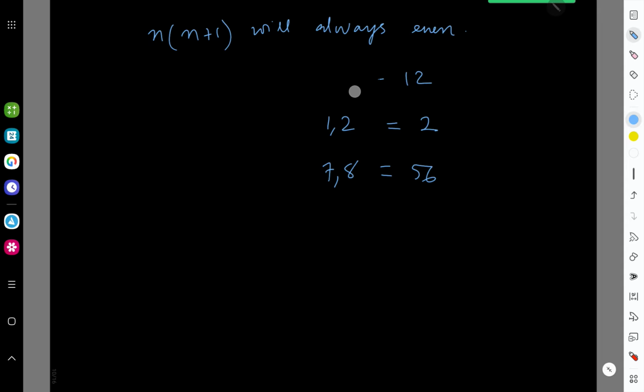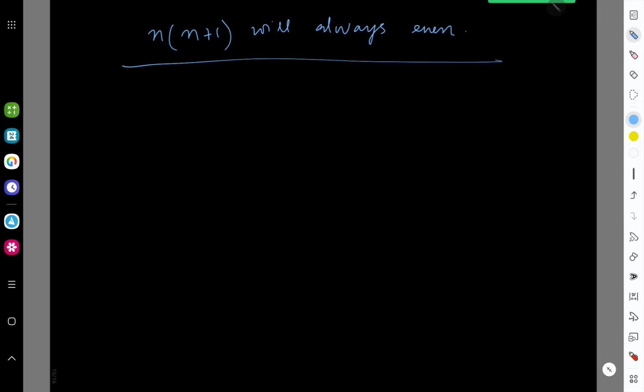So I hope you understand this line, that if we multiply any two consecutive integers, the product, this expression, will always be even.